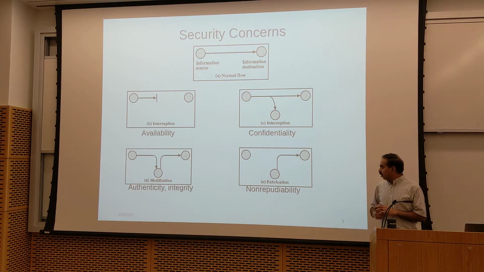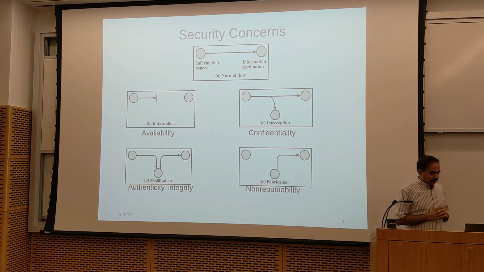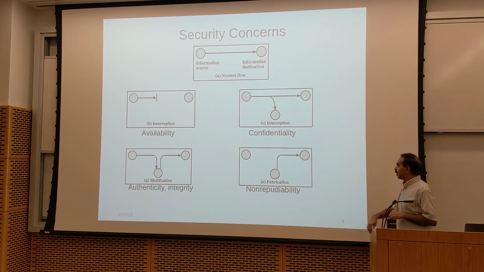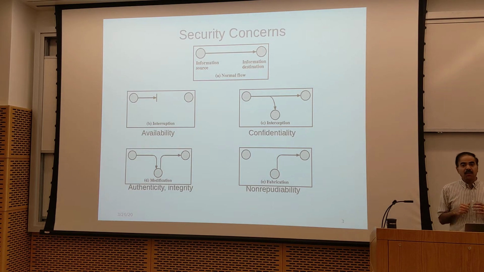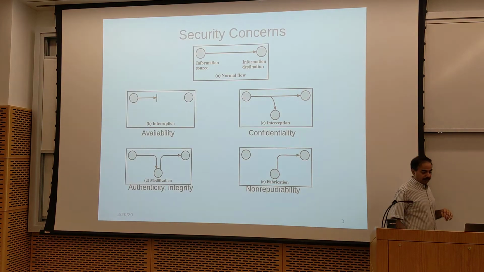And then finally, non-repudiability, where the message may not even have been originally sent, but the adversary creates this message and sends it to the receiver, and the receiver might think that it is actually coming from someone else, right? So that's a fabricated message, and that relates to a property known as non-repudiability.